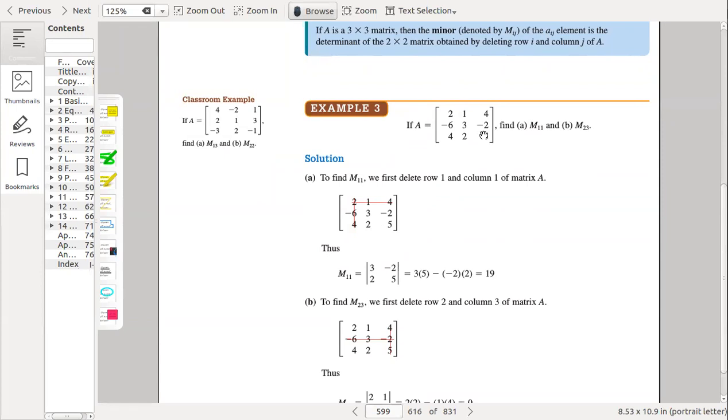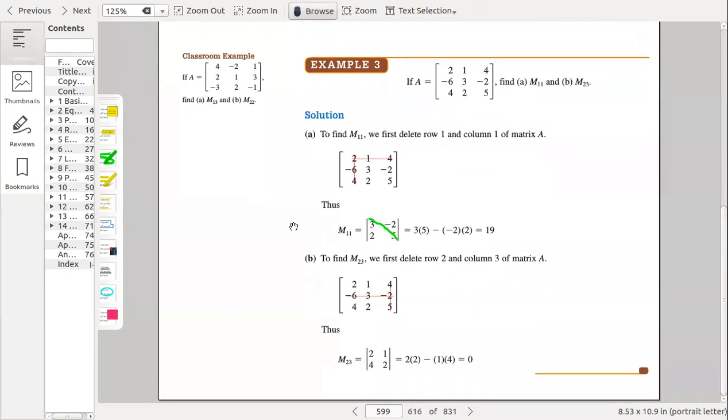The original matrix is of order 3 by 3 and the order of the minor is 2 by 2. Then we will calculate the determinant of this matrix. The determinant is 3 into 5, 15, minus, then minus 2 into 2, 4. So 15 plus 4, 19. So 19 is the minor of the entry 2, and it is denoted with M11.